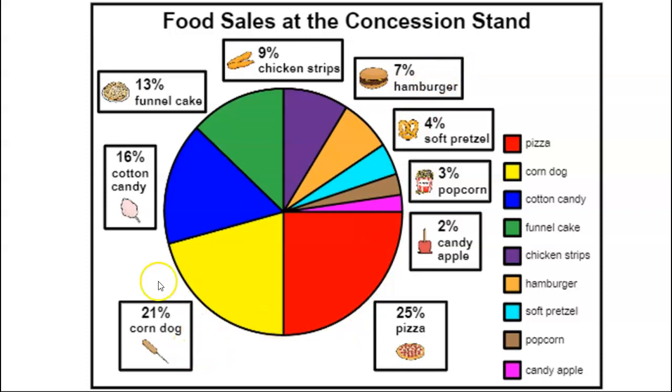So we have corn dogs. Corn dogs are shown by this yellow pie slice, which is pretty big. 21% of food sales are corn dogs. We have cotton candy, represented by this blue slice. 16% of sales are cotton candy.